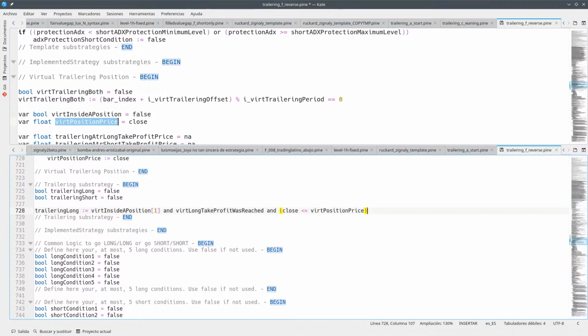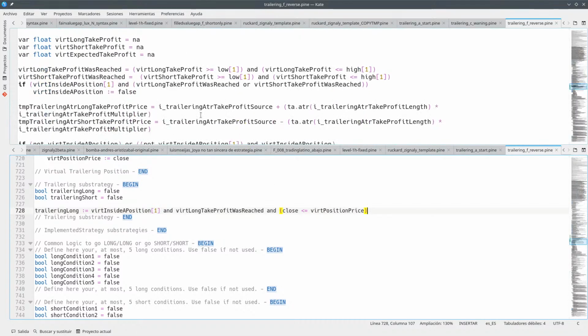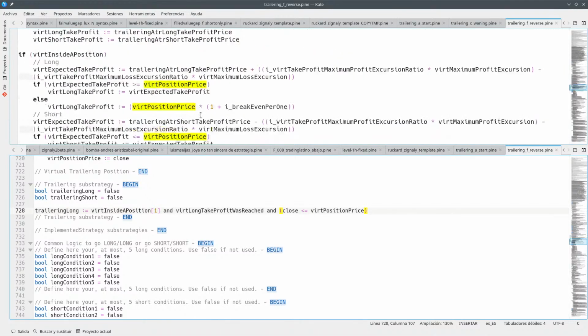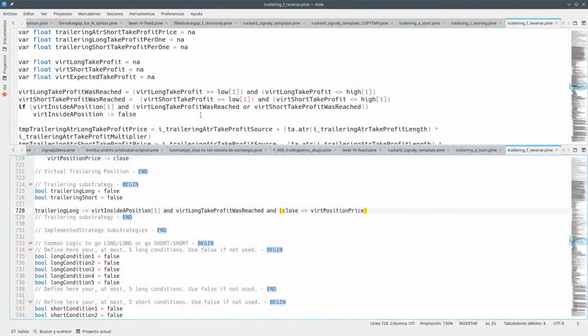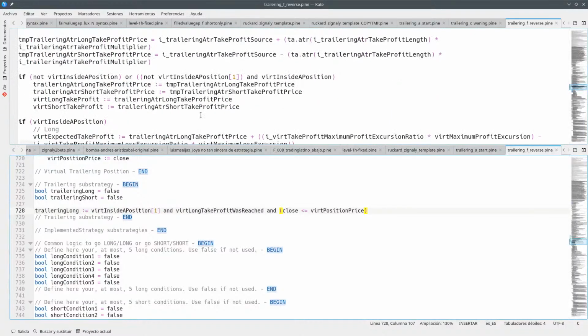And finally, we have this thing about the take profit per one, which we had commented somewhere. We have removed it.